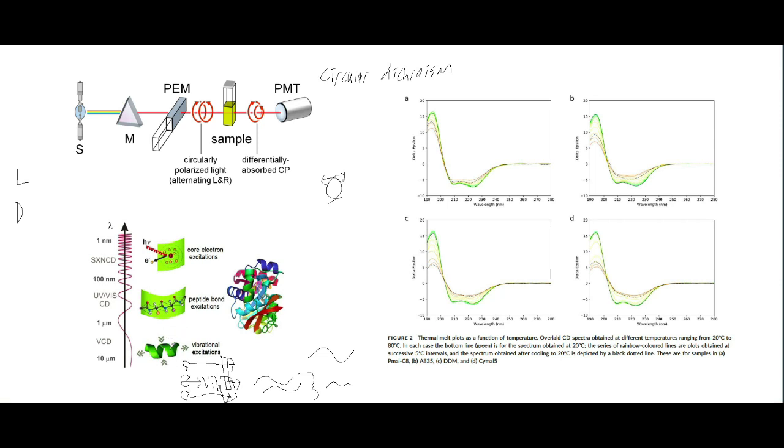Whereas if this was not in this secondary structure, then we would not have this absorption and re-emission going on, and so we would not have that destructive interference, so we would not see any of the change in amplitude. And so we can track these changes in amplitude, and the different colors on here are at different temperatures.